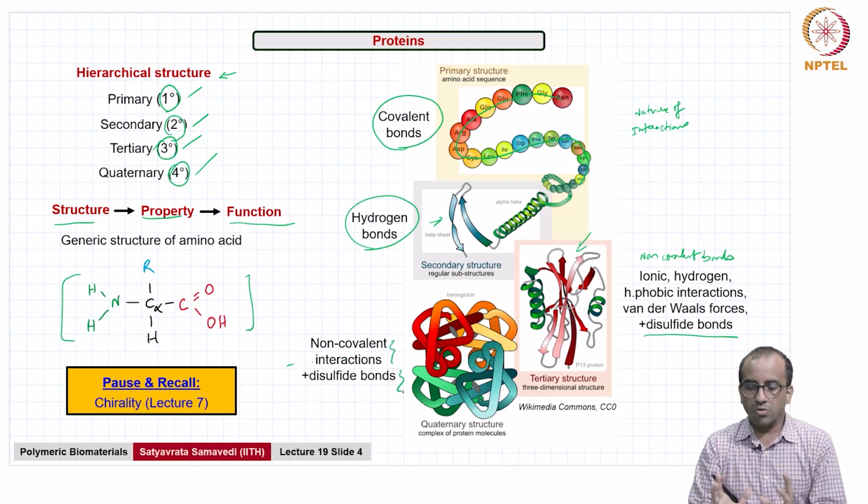Again, this is just to show in one schematic how to visualize or think of protein structure at the primary, secondary, tertiary and quaternary levels based on the nature of interactions. And as we will see, it turns out that these different interactions are super important for how a protein folds in three-dimensional space and how it eventually functions and does its job as it's expected to do.